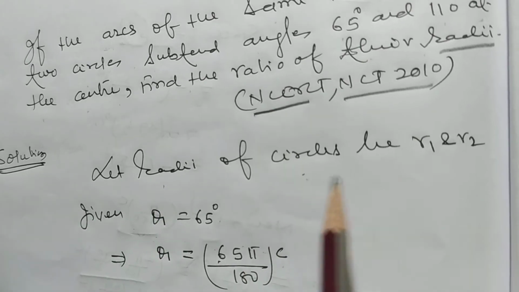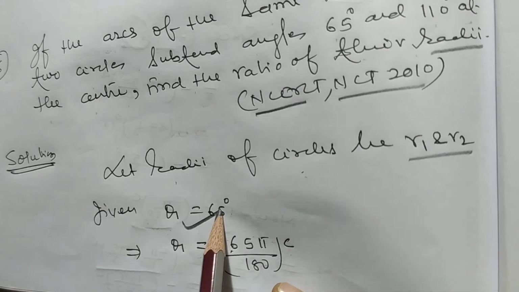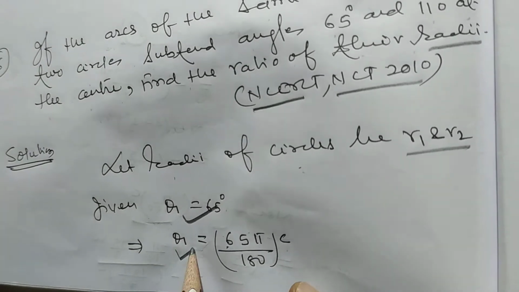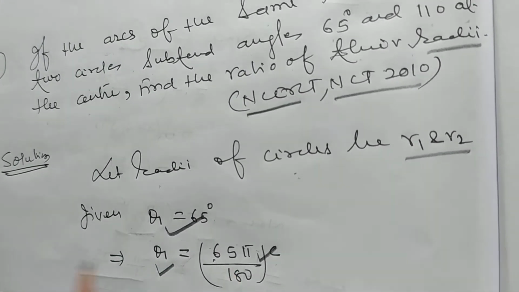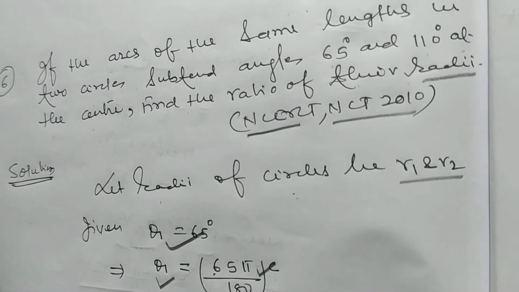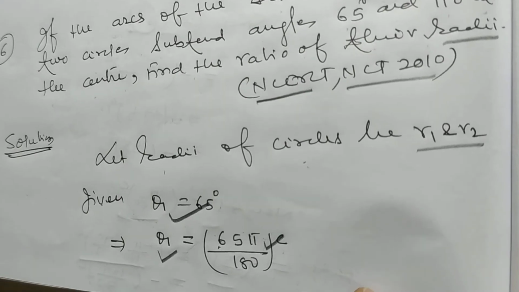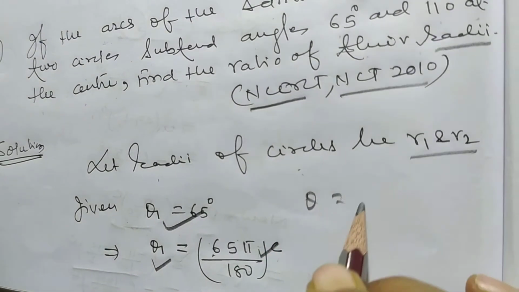The radii of circles are R1 and R2, given theta 1 is equal to 65 degree. So theta 1 is equal to arc length, theta is equal to L by R. So here theta is equal to L by R.